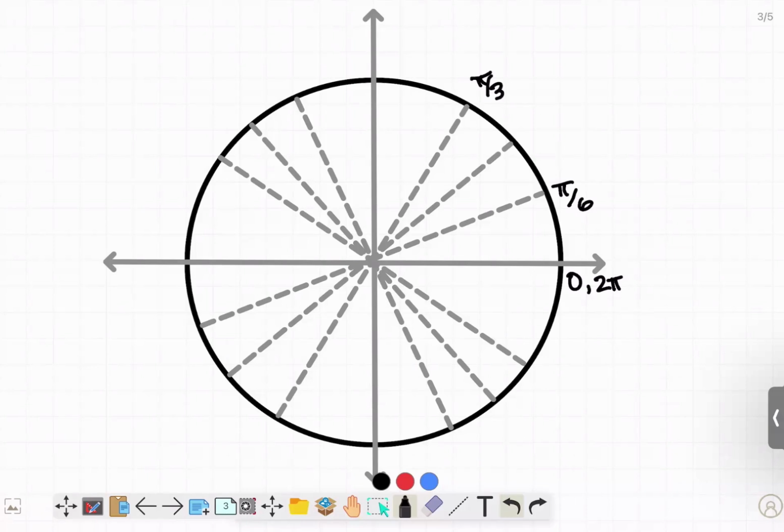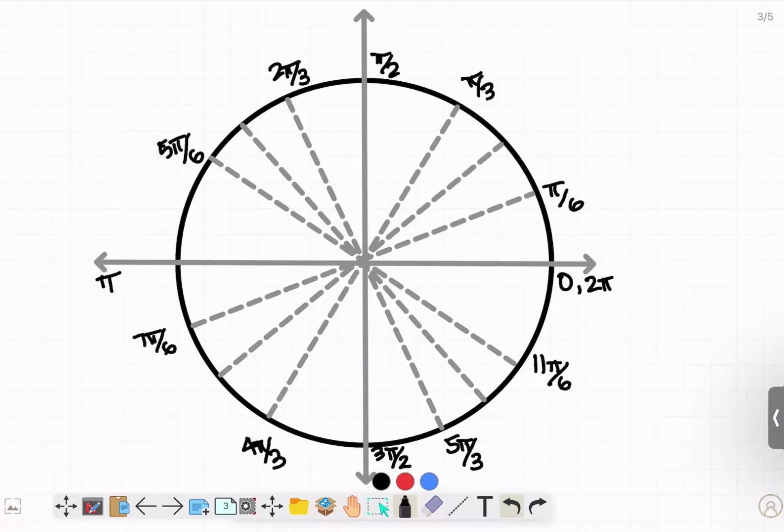Now go ahead and put these 6 back on. So there are our 6 labeled and reduced, and now I'm going to put back in the pi over 4s that are missing here. And that is all of the angles, the special angles that appear on the unit circle.